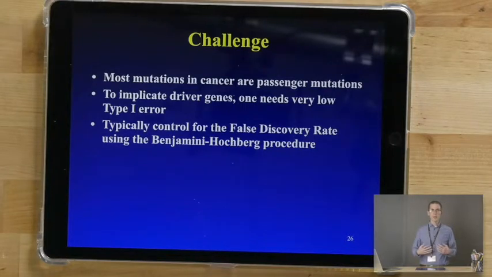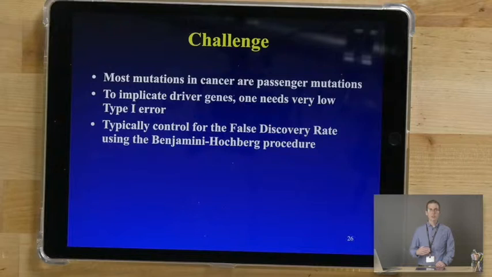For example, if you look at a single type of cancer, you may come up with 20 to 50 cancer driver genes being active in that tumor type. But the whole genome, even for just protein coding genes, has more like 20,000 genes.